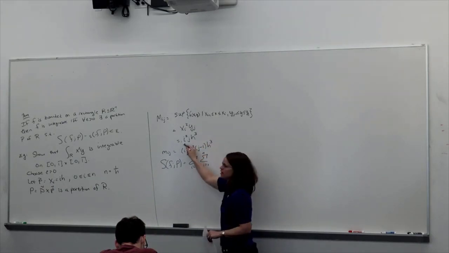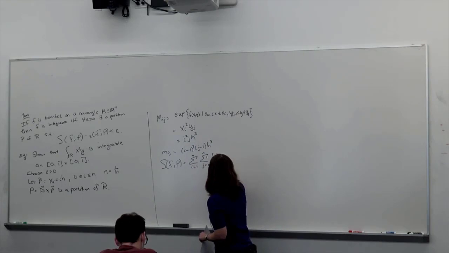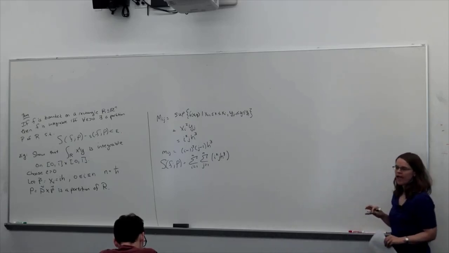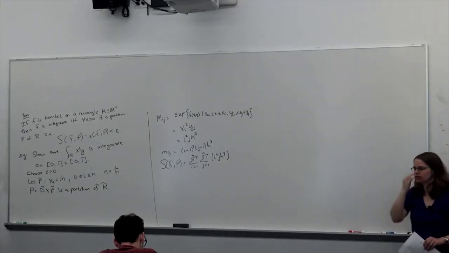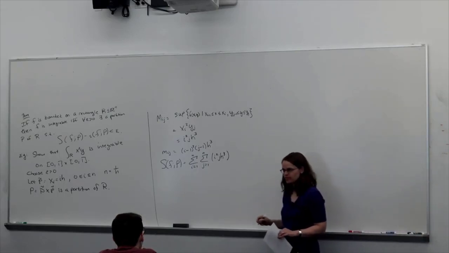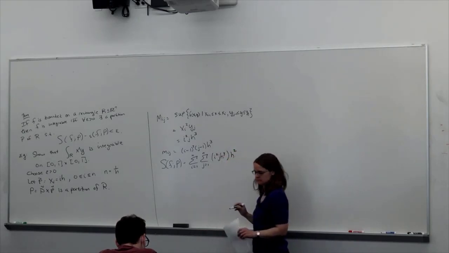We need this quantity, this supremum. And then we have to multiply by the volume of our rectangle. And of course, life is good. All the rectangles have precisely the same volume. So this is just another h squared.